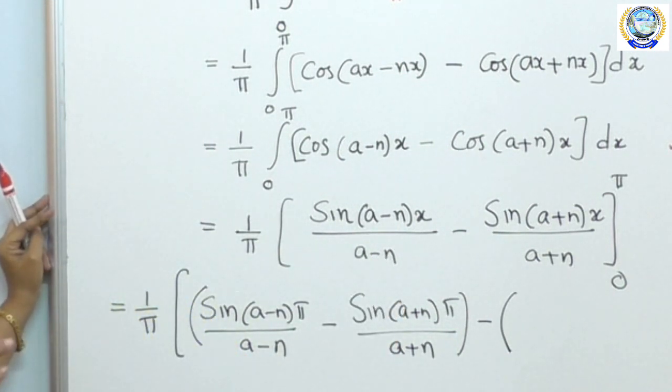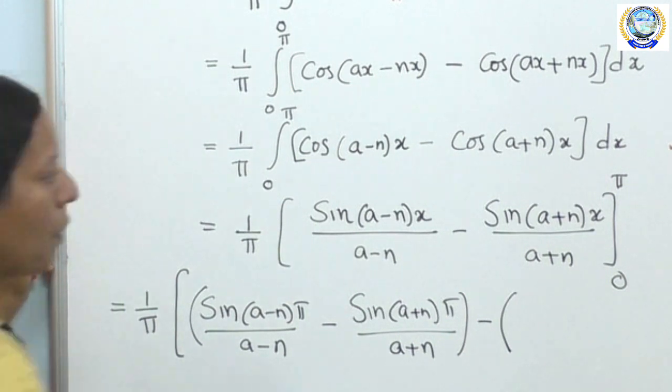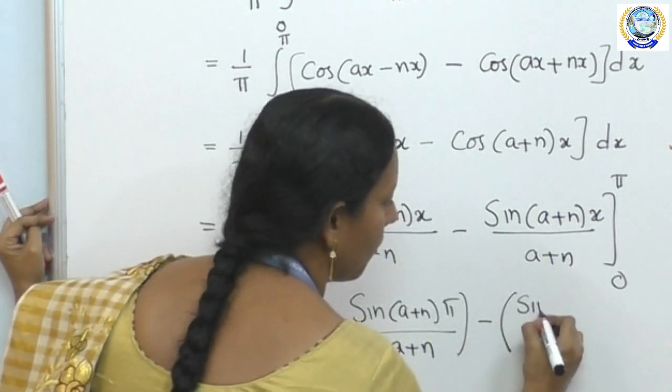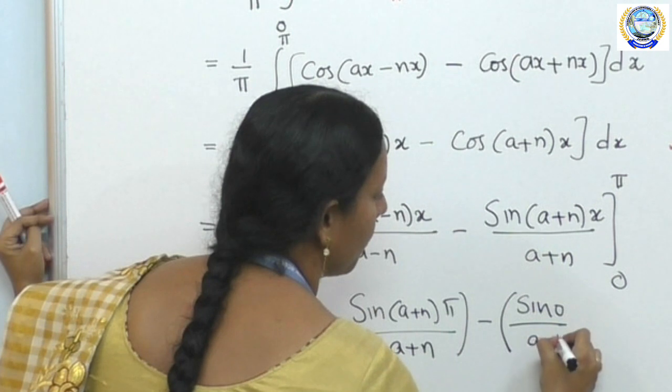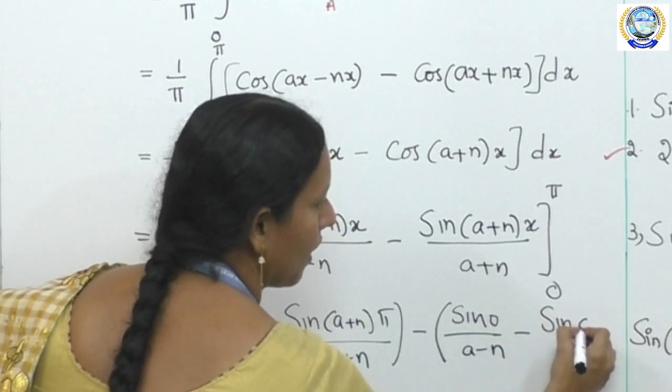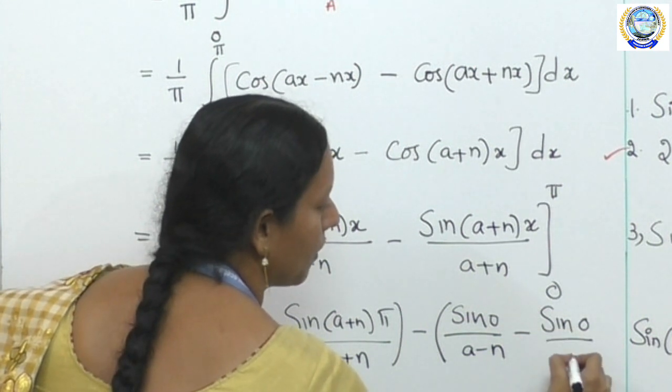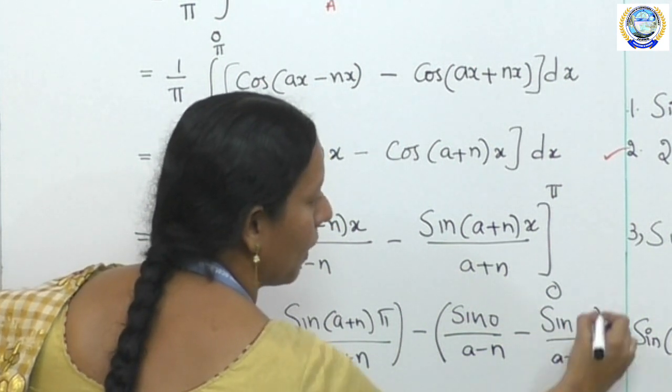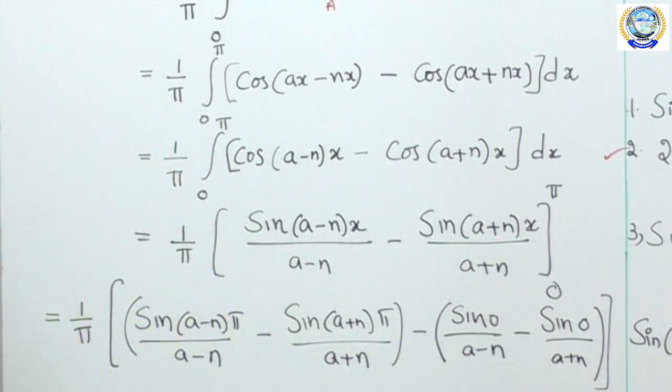You know that sine 0 equals 0. So, this part will be equal to 0 and similarly this will also be sine 0 by (a plus n).